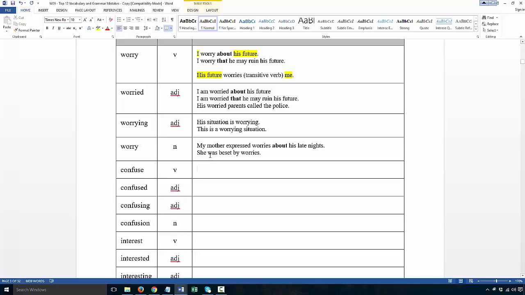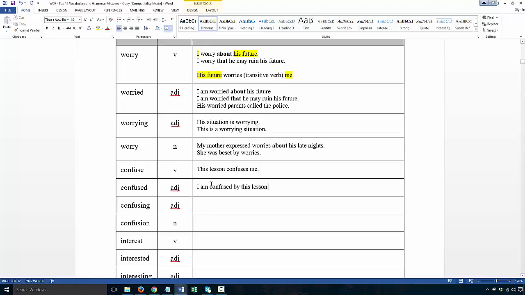Using this pattern here, you could say something like, this lesson confuses me. You can't say I confused about this lesson. No, you would use confused as an adjective. I am confused about or by this lesson.